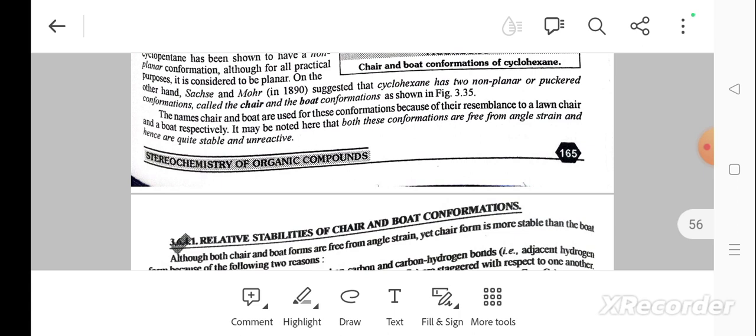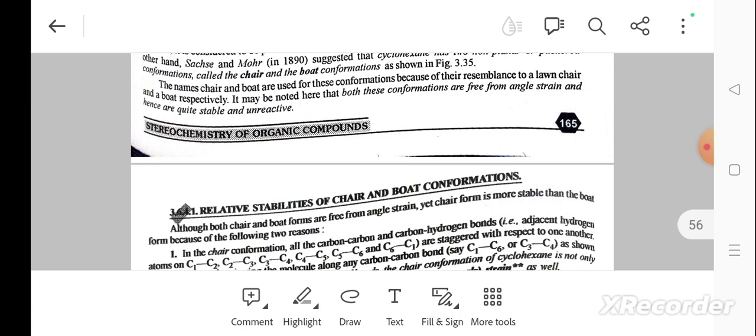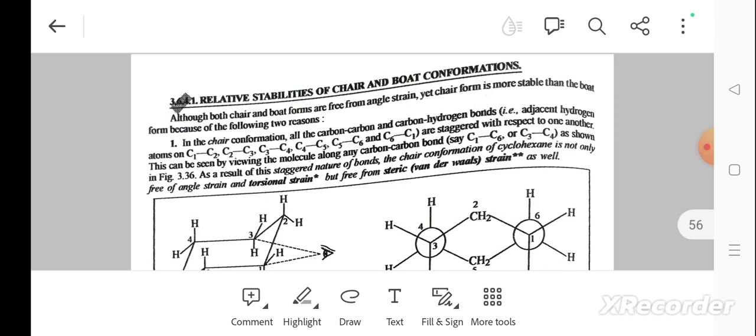The names chair and boat are used because of their resemblance to a lawn chair and a boat respectively. It may be noted here that both these configurations are free from angle strain and hence are quite stable and unreactive.